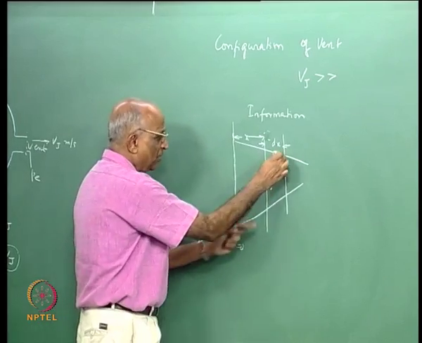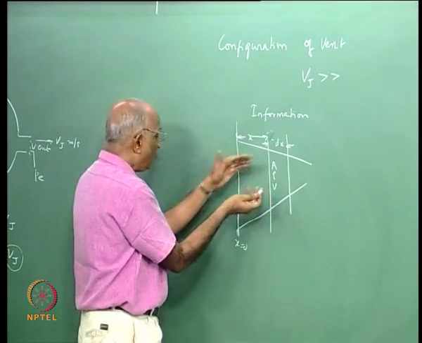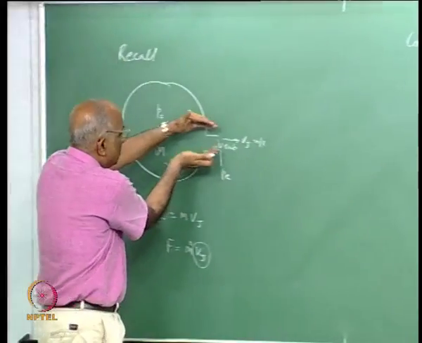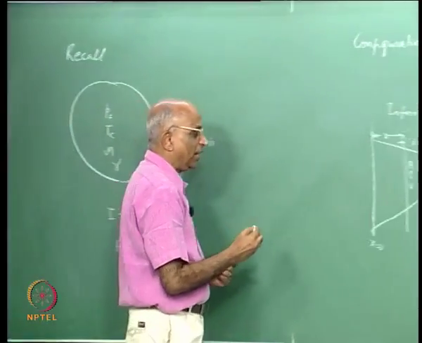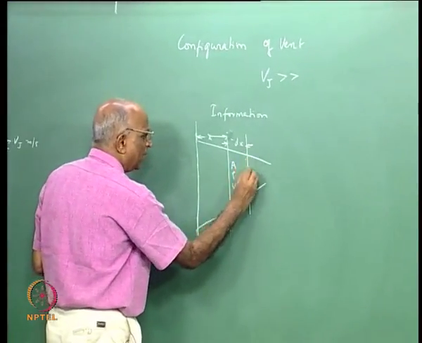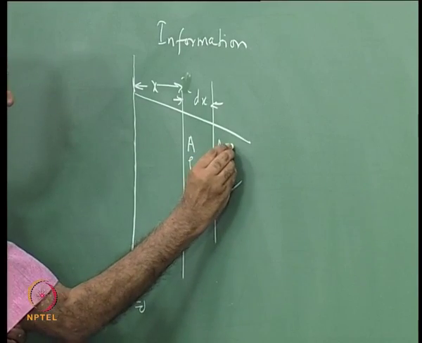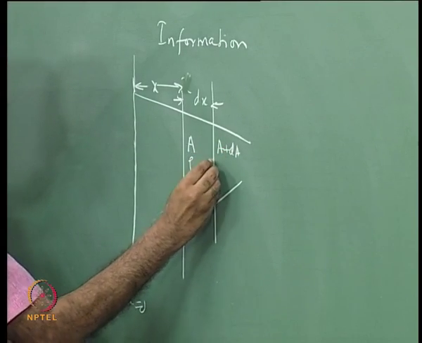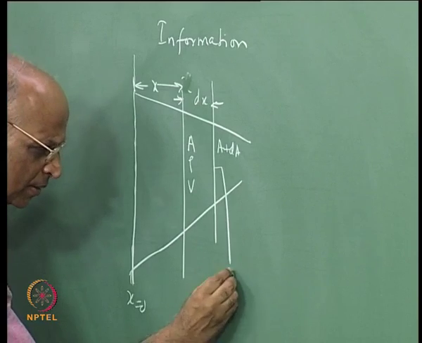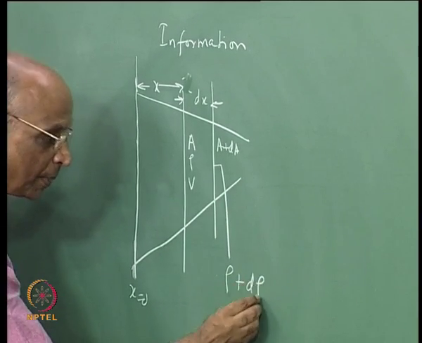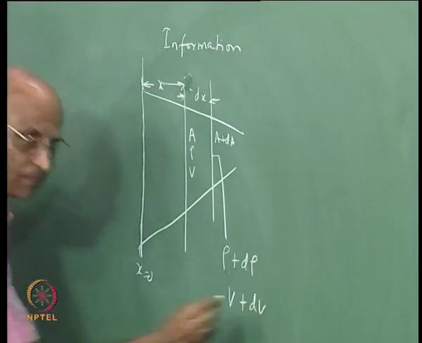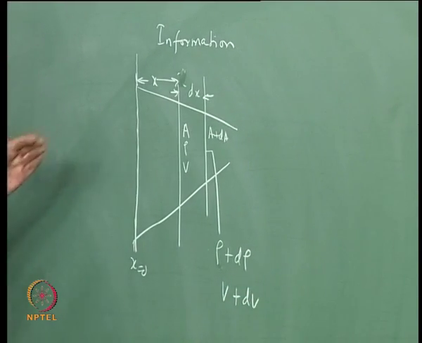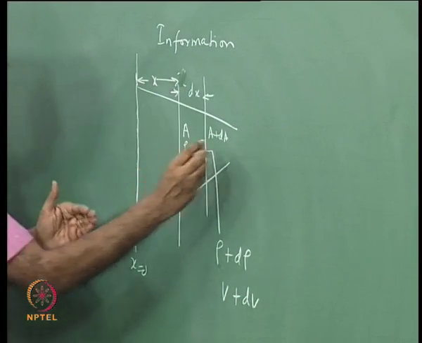The area is different from A because I want to find out the configuration of this vent which gives me the maximum Vj. Therefore, to derive that, I say let the area at x plus dx be A plus dA, let the density at this section be rho plus d rho, and the velocity at this section be v plus dv.